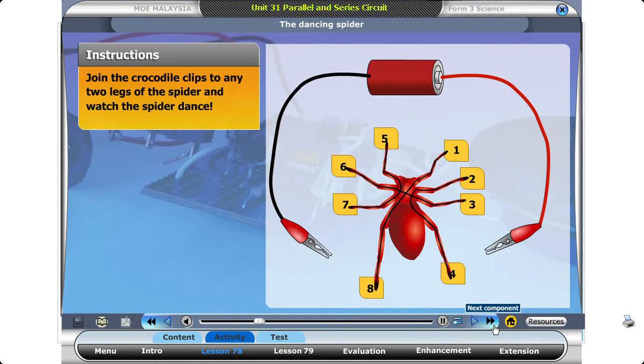Complete the circuit by joining the ends of the crocodile clip to any two legs of the spider.